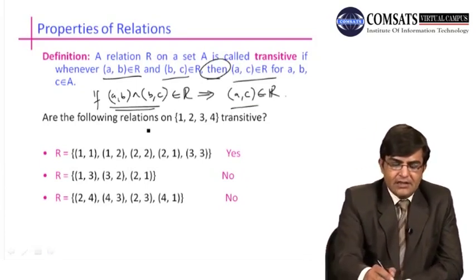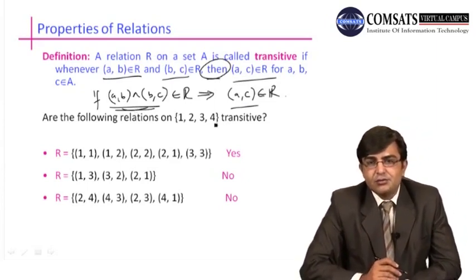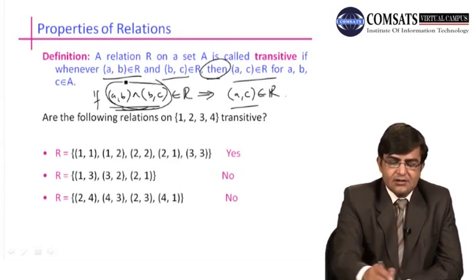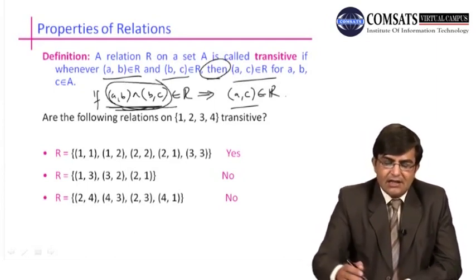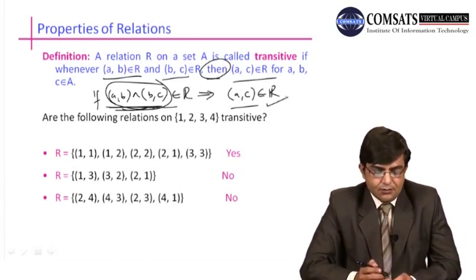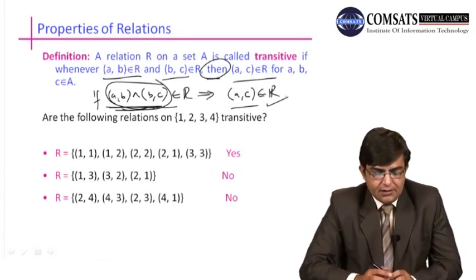If both of these are not true, we cannot check this. So for a relation to be transitive, this hypothesis must be completely true, then we have to check the conclusion, as in conditional statements.